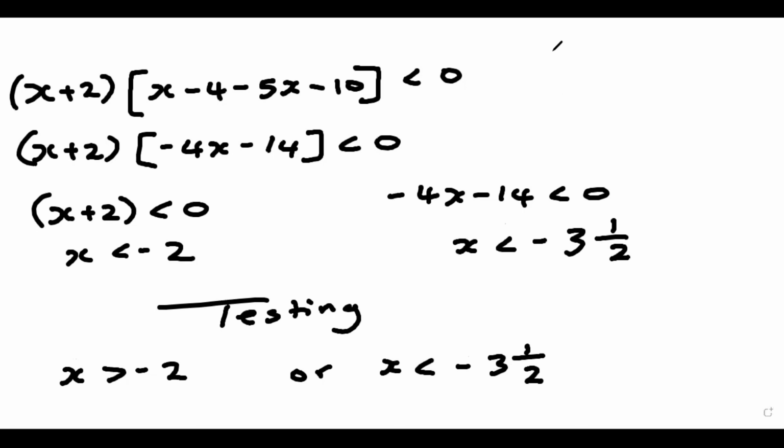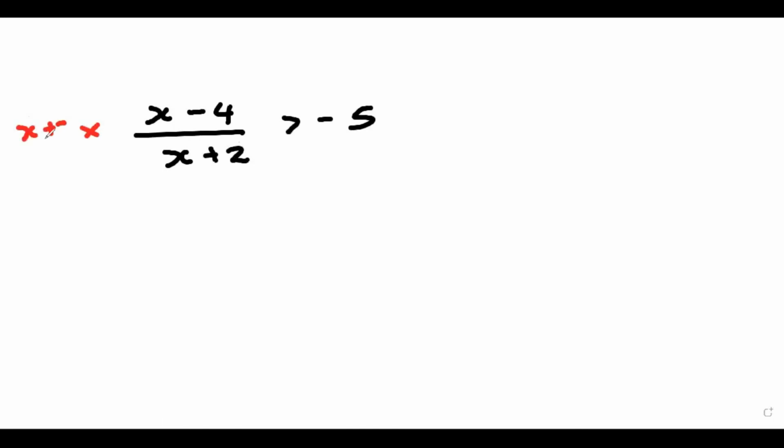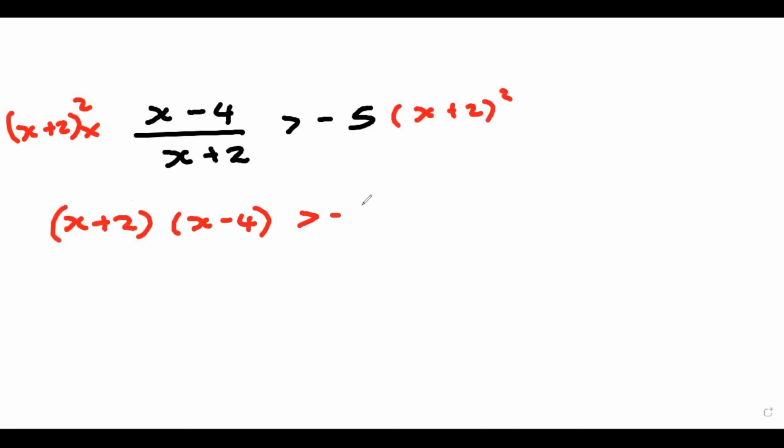Now we're going to do the OR. For the OR, it was x minus 4 over x plus 2 greater than minus 5. So you're multiplying both sides by x plus 2 squared. That's going to give you x plus 2 times x minus 4 greater than minus 5 times x plus 2 squared.